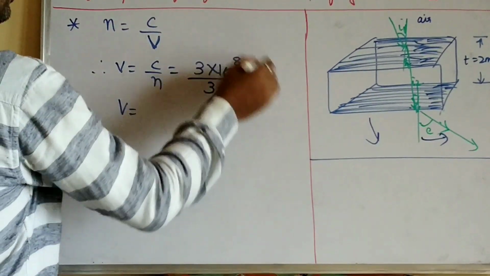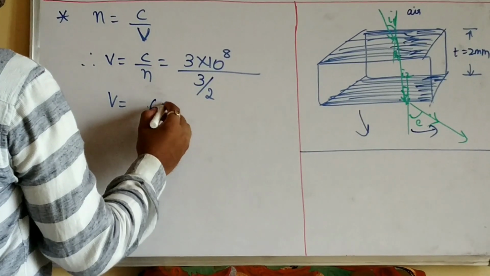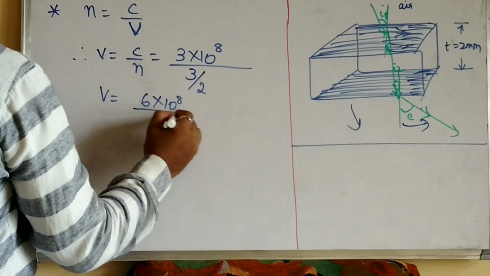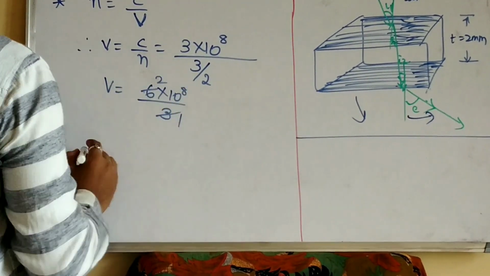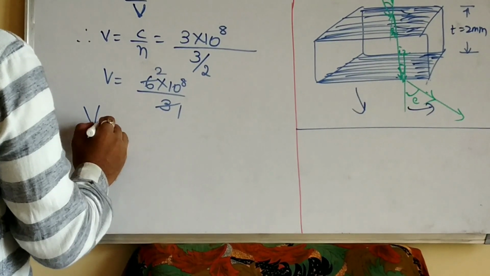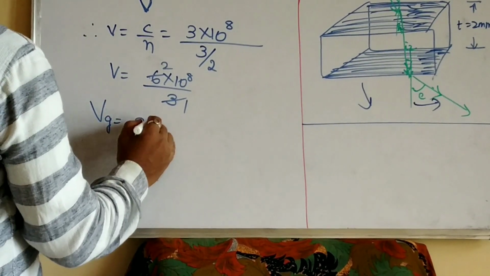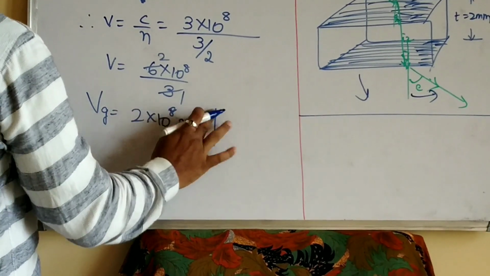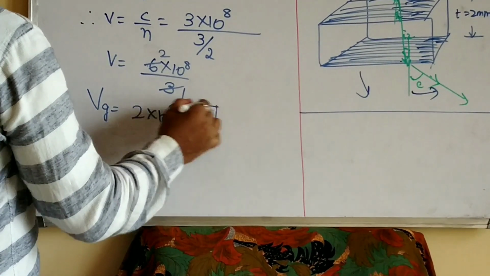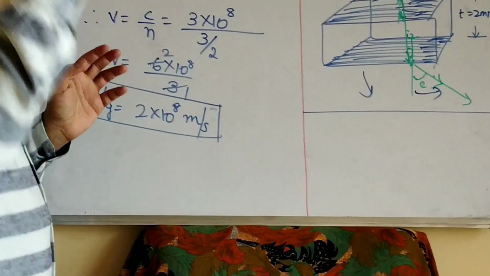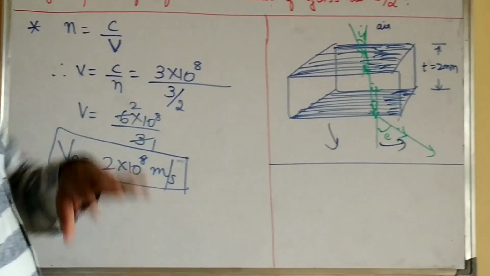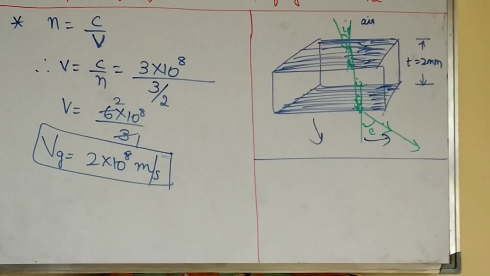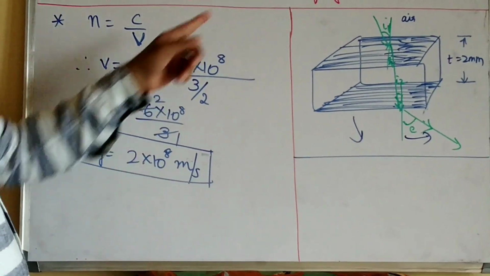V is equal to 2 will go to numerator, 6 into 10 power 8 by 3. 3 ones are 3, 3 twos are 6. So the speed of light in glass is 2 into 10 power 8 meters per second. As I told you, the speed of light always decreases when it enters the denser medium, that is the glass medium. Now you got this.